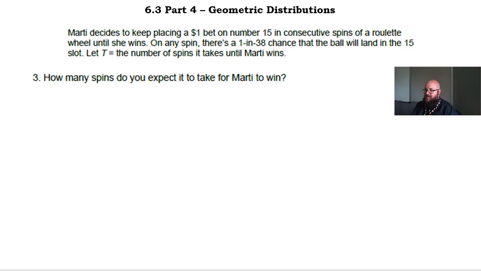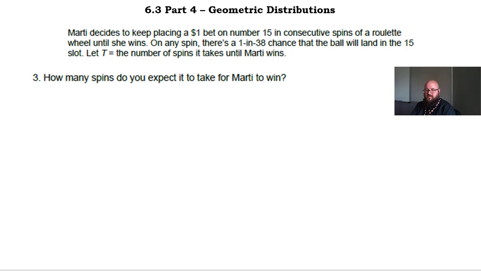So how many spins do you expect it to take for Marty to win? What do you think it would take for her to win if she has a 1 in 38 chance? Well, if the world was perfect, it should take her 38 spins as the expected value, right?